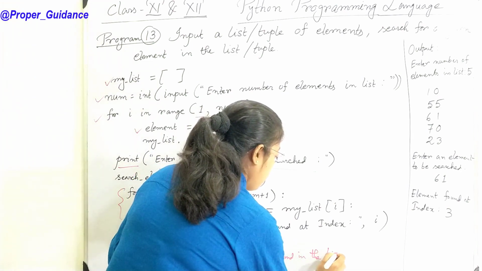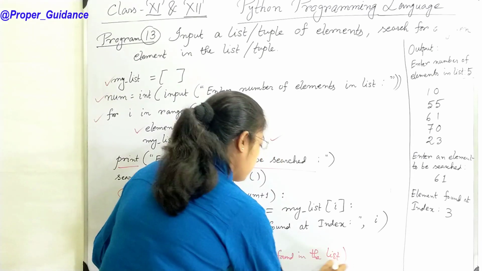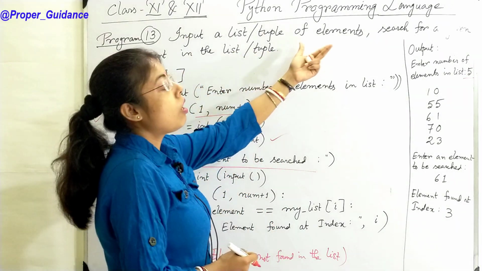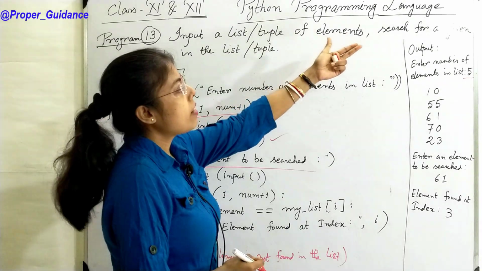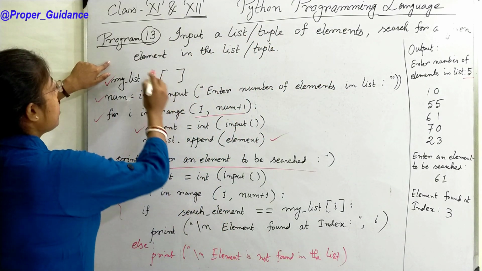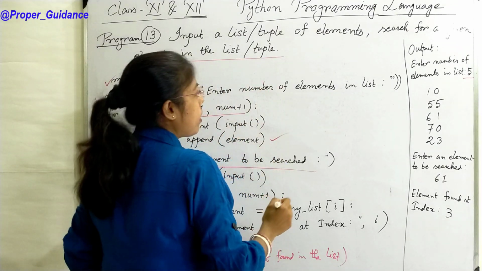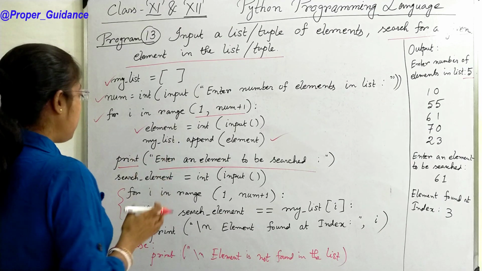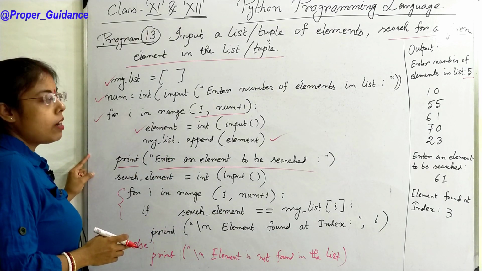Okay, so this is our entire program to take some input from the user end and search for a given element in the list. This is a very vital and very important program. I am doing it in a very simple way. I think you can understand better.